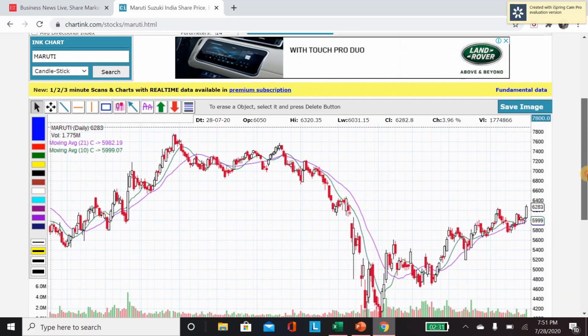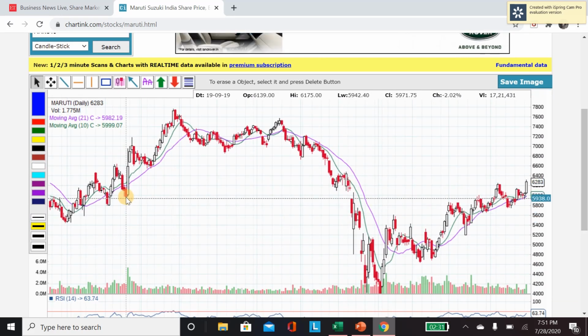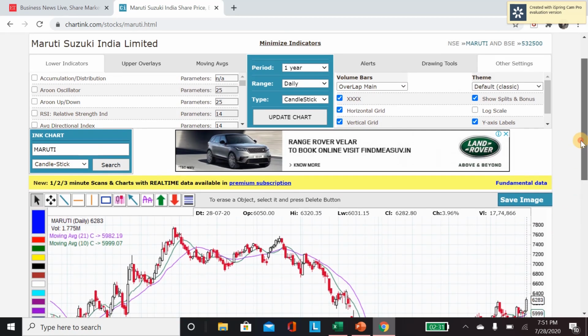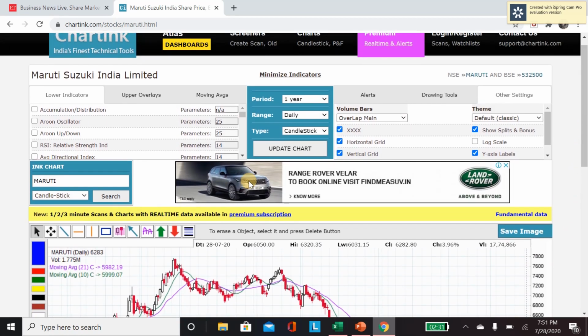Now friends, just see, in a simple candlestick chart pattern, we cannot say where we have to enter and where we have to exit. Now let's see the miracle with our RSI, that is Relative Strength Index.